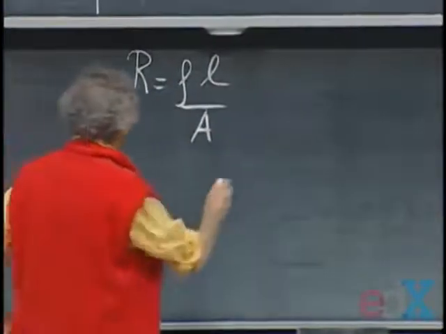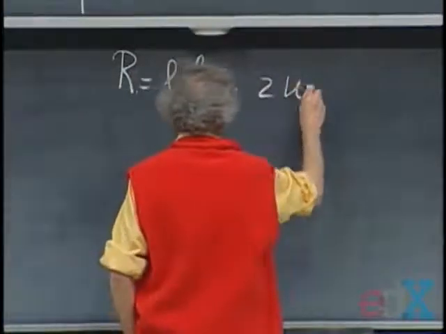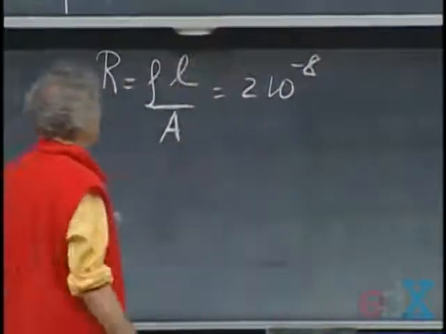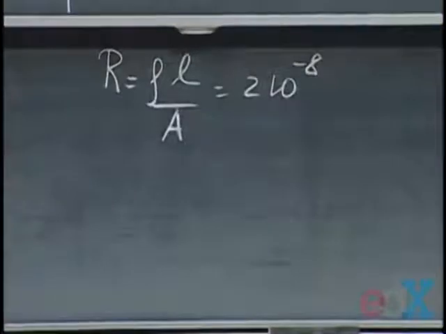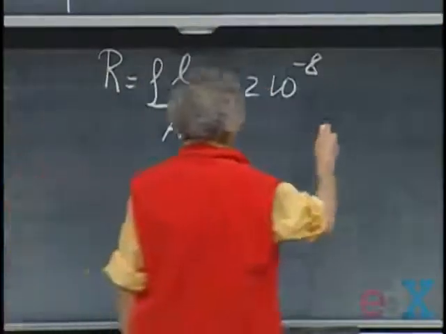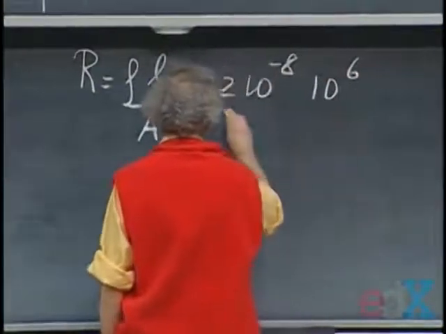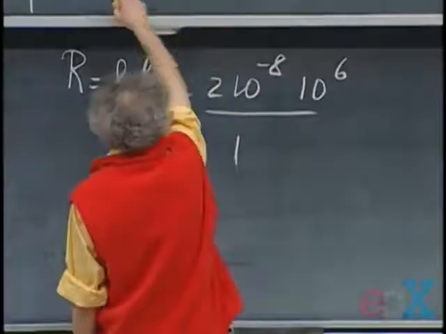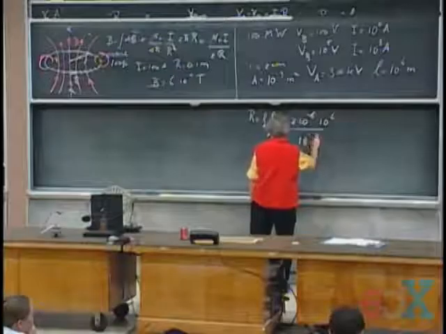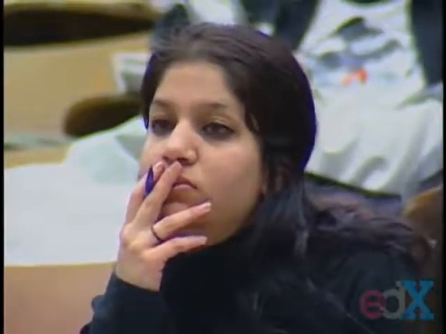If you take copper, that has a resistivity of 2 times 10 to the minus 8 SI units. We have a length of 10 to the 6 meters of the cable, and we have a cross-sectional area of 10 to the minus 3 square meters, so that 1,000-kilometer cable would only have a resistance of 20 ohms.